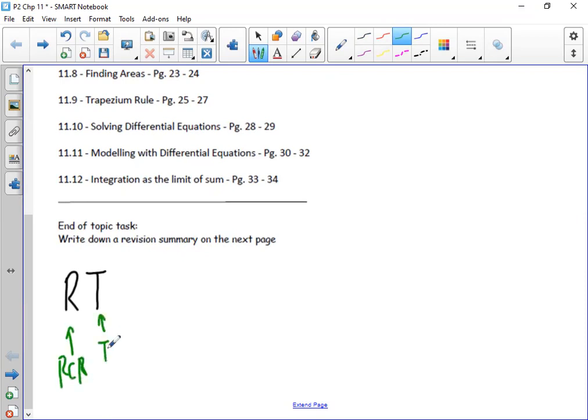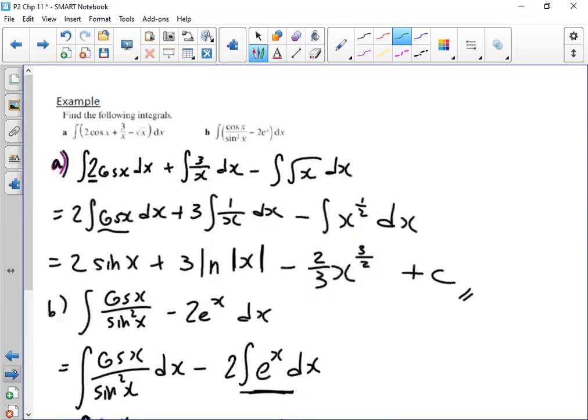T stands for trig identities. These are your thinking steps. The first thing you should always consider is reverse chain rule. Obviously, if it's about the formula booklet, you should go use the formula booklet straight away. Otherwise, if you look at the integration, you should be thinking about reverse chain rule, and then if it doesn't work, you think about trig identities.